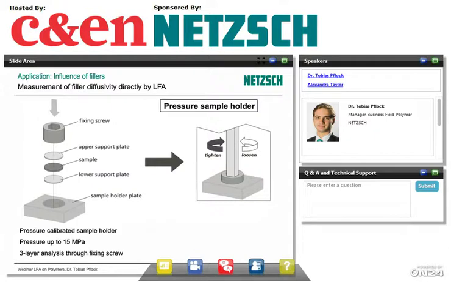Are there any challenges in measuring amorphous materials? As you just saw, we measured the polycarbonate sample. That's an amorphous polymer, but we can still go across the glass transition. You have to take care of the softening of the material, of course, but this could be done in a kind of 3-layer sample holder like the one you can see here that we use for the pressure sample holder.